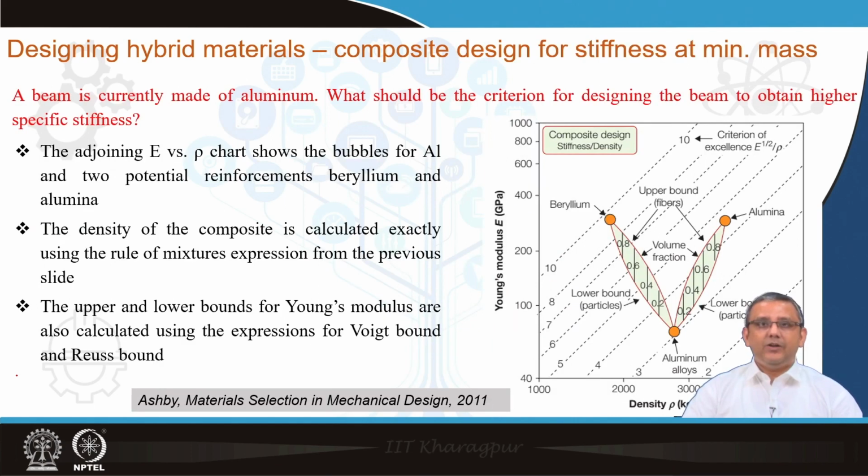So, with this basic knowledge, now we try to solve two different problems and see how this material selection knowledge can lead to an optimum selection of the constituents of a composite material. This is again very important, because as we learned so far in this lecture, technically any combination of two materials can lead to a composite material.